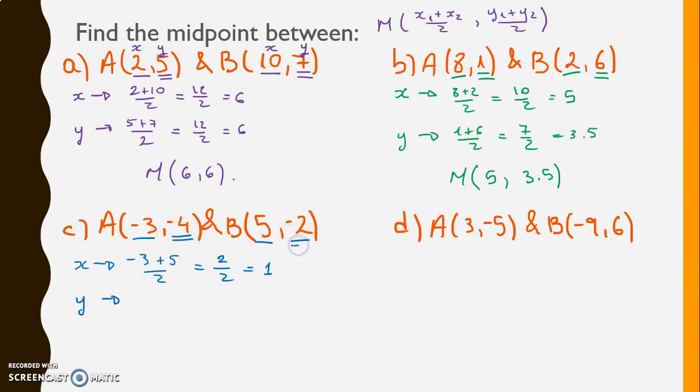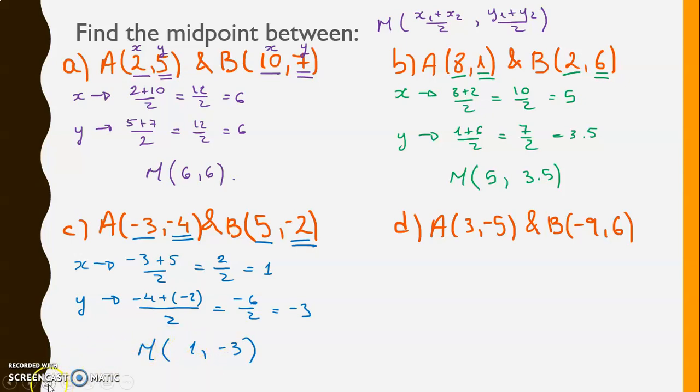Now be careful, it's minus 4 plus minus 2, which is the same as minus 4 minus 2. So minus 4 plus minus here is negative, so minus 4 minus 2 is minus 6 over 2, which is minus 3. So the midpoint will have coordinates 1 and minus 3.